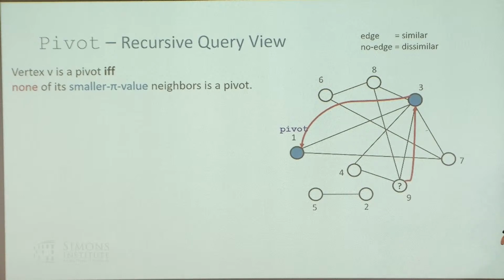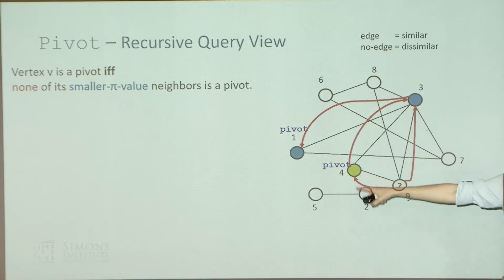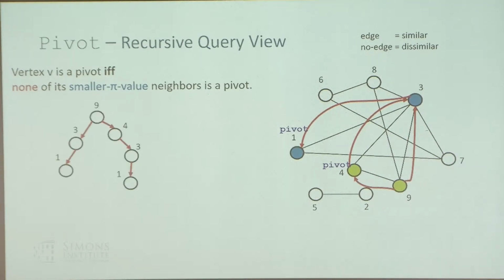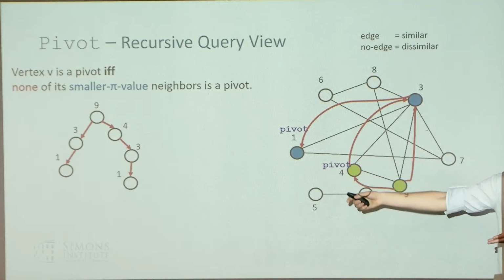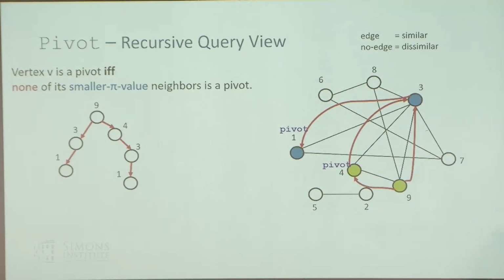It needs someone in the neighborhood to be a pivot, so it asks 4. 4 goes to 3, 3 goes to 1 again, and 4 is now a pivot, and we learn that 9 is actually clustered with 4. If you like to think about this in terms of an execution tree, this is what is happening: 9 queries 3, 3 queries 1, then recursion goes back, 9 queries 4, 4 queries 3, 3 queries 1.